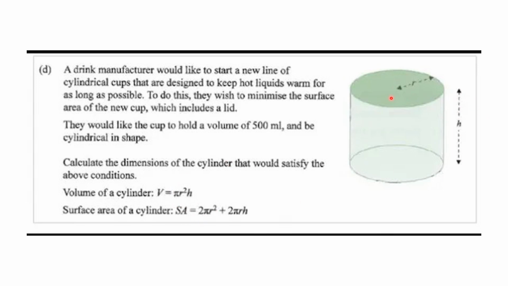And then for the surface area, you want to find out what the surface area is of the shape itself. In this case, we've been told that it's closed at the top, but if it was just a normal cup, it would be open at the top, so we wouldn't have this. But since it's closed at the top, it's going to be this area, which is pi r squared multiplied by 2 for the area of the top and the bottom. And then for the outside area, what we're going to have is the circumference of the circle at the top multiplied by the height, because if you open it out, it looks like a rectangle.